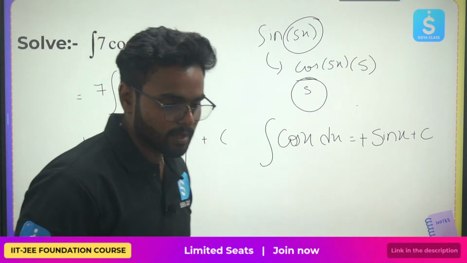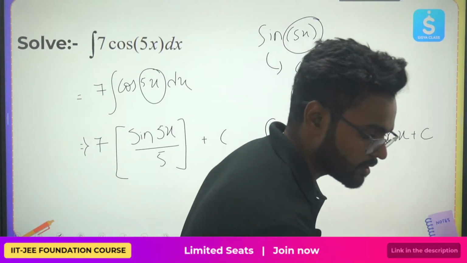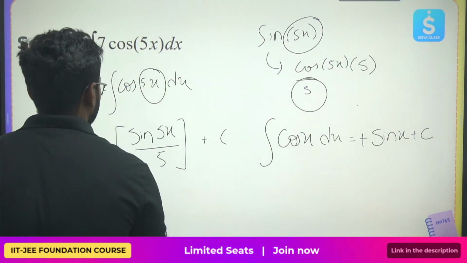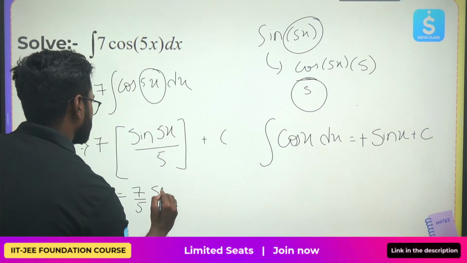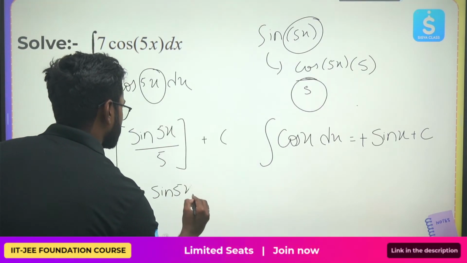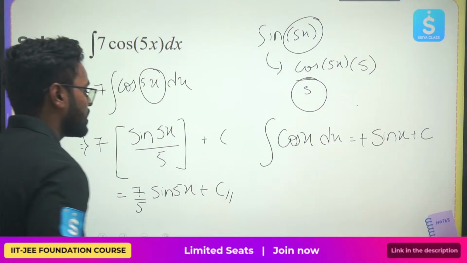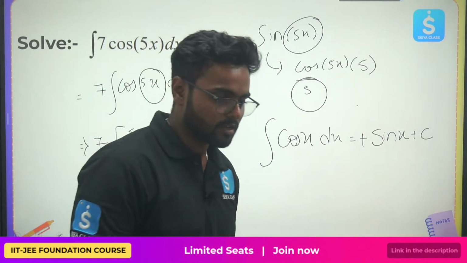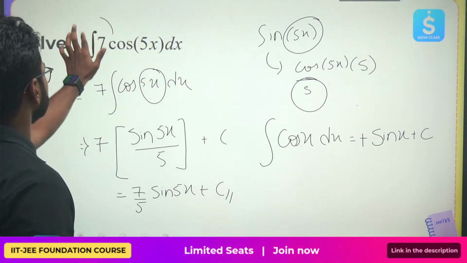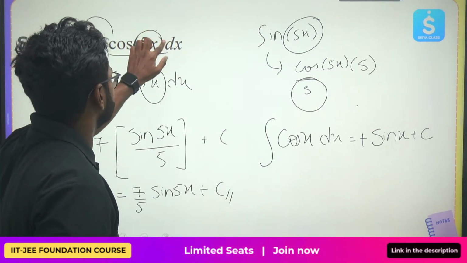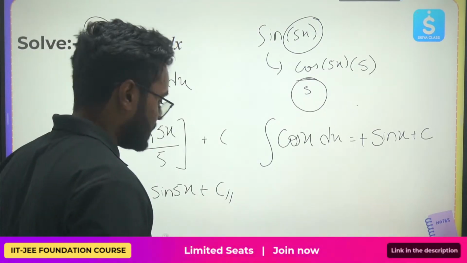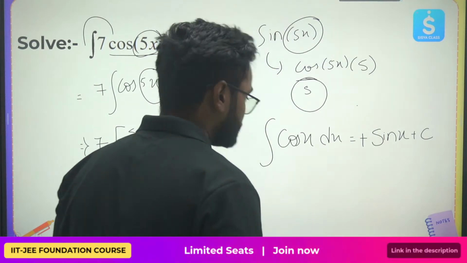Got it? Hope everyone understood. This should be 7 by 5 sin 5x plus c, which is the constant. Great. Understood everyone? We have removed the constant, then integrated this function and integrated the inside function, which is 5x, right? Okay, let's continue.